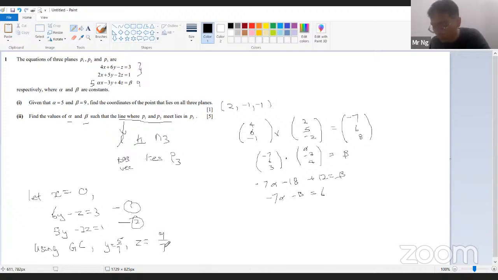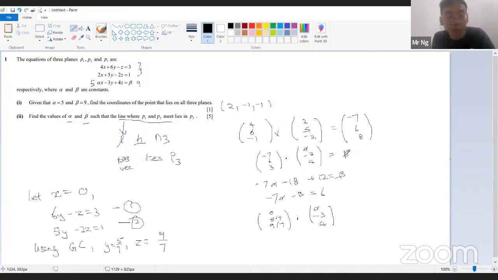Let me try again. 6 minus 1, 3, 5 minus 2. Yeah, okay, that's good. So this means that the point 0, 5 over 7, 9 over 7 lies inside plane 3.